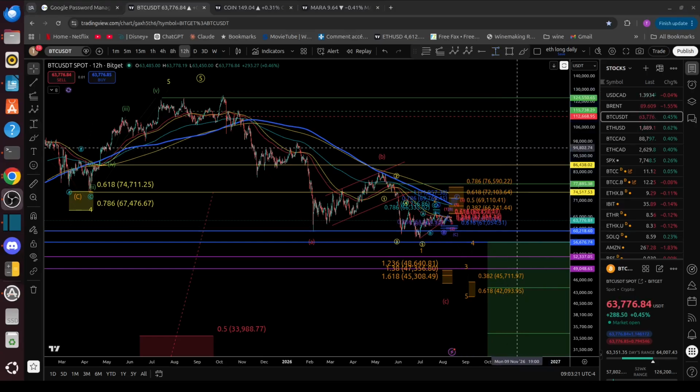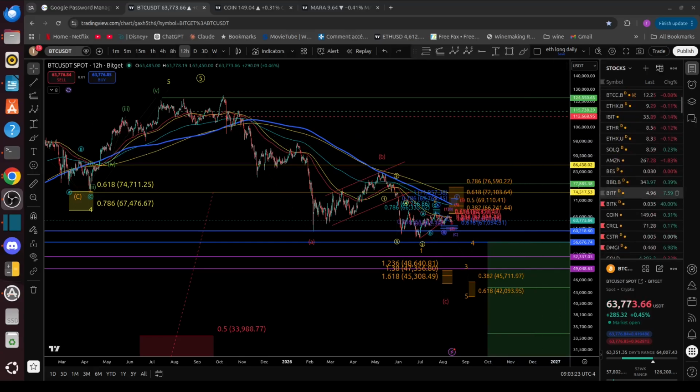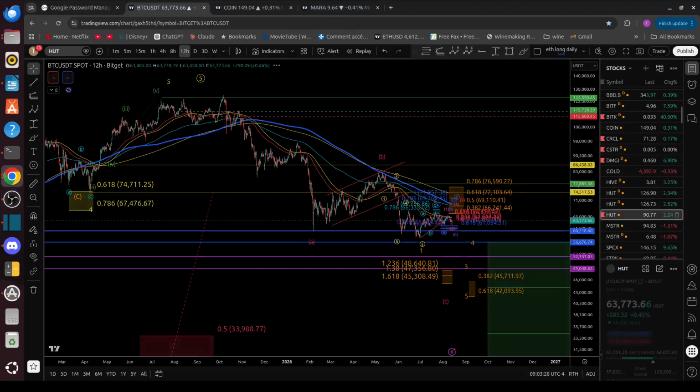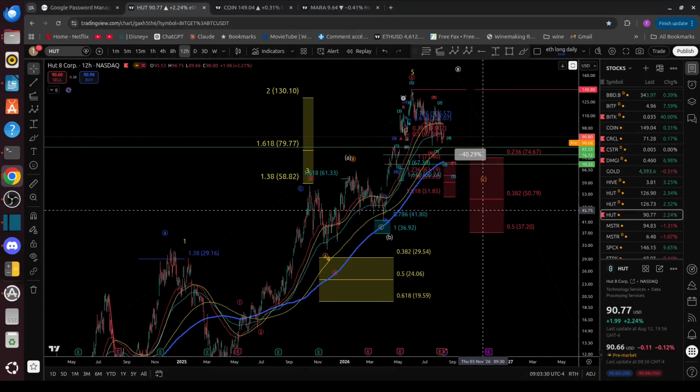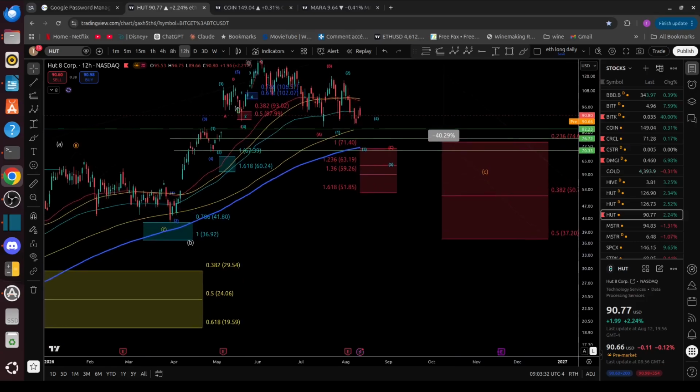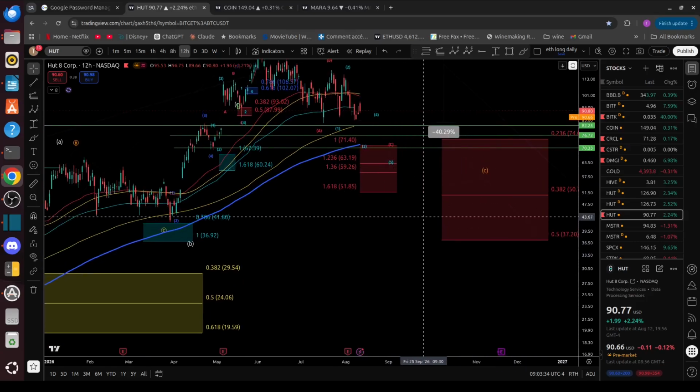But I don't believe Hot and Mining is done with the correction, and Bitcoin as well is not done with the correction. I do believe there is room to go down.